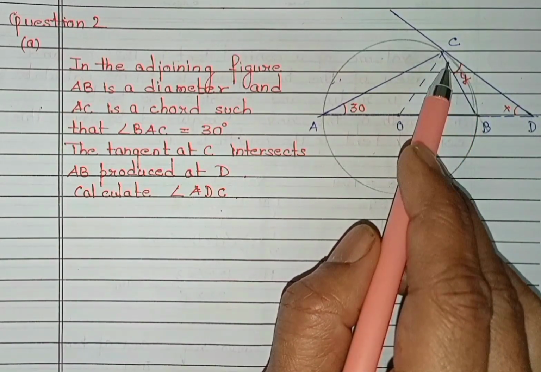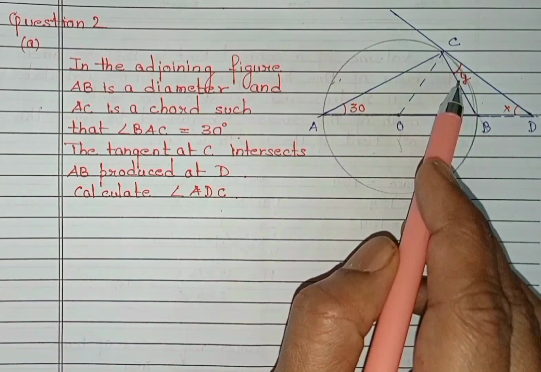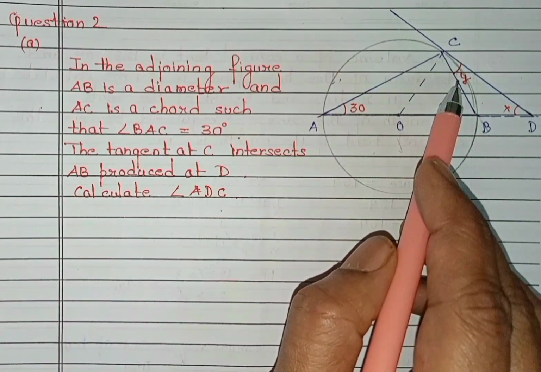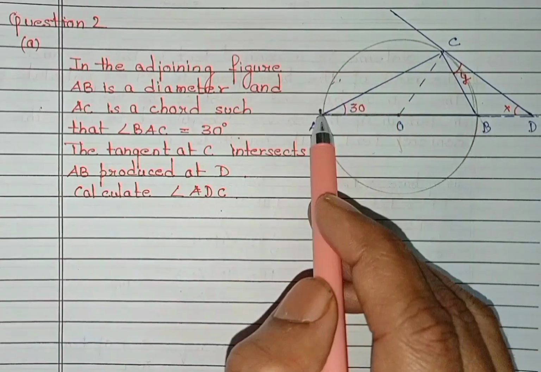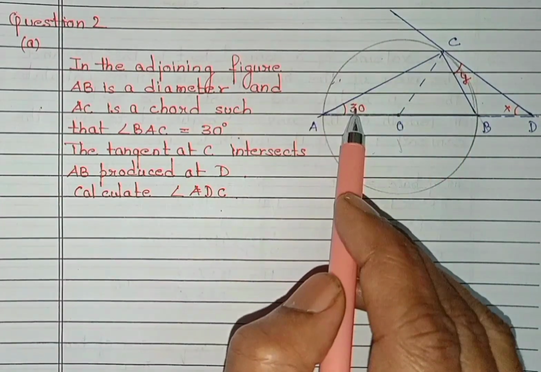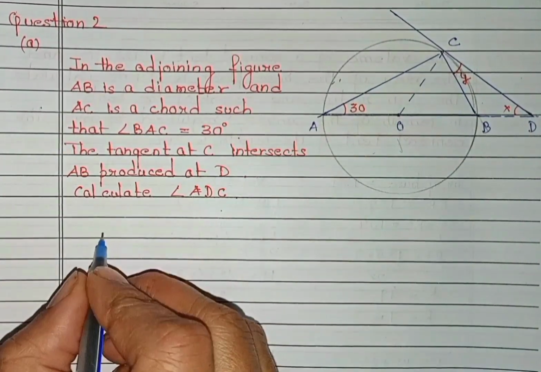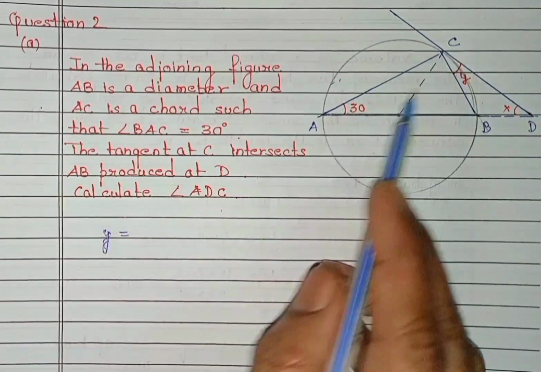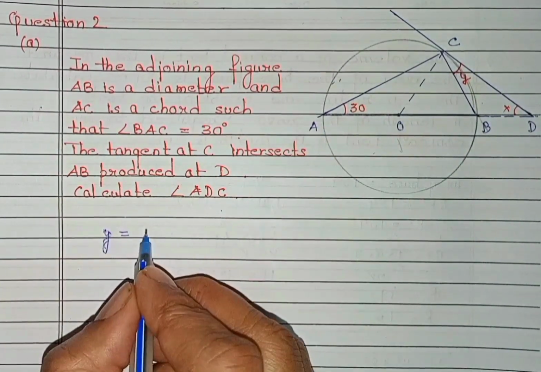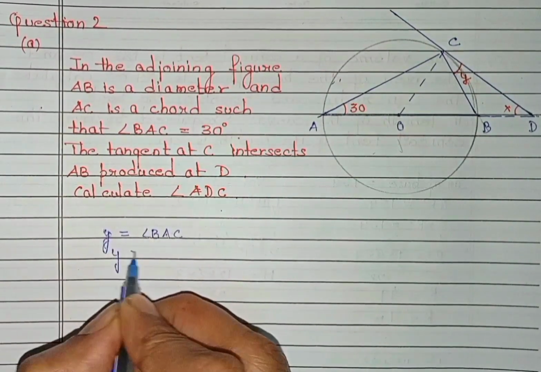So we have a property which says angle between the tangent and the chord is equal to angle subtended by the chord in the alternate segment. Now on this chord in the alternate segment you are getting angle of 30 degree. So your first step, you can say this angle Y is equal to 30 degree, that is angle BAC, and why it is equal to angle BAC, there you will give the reason.